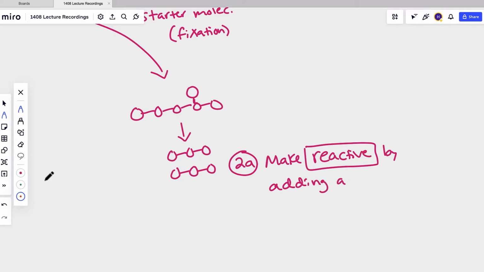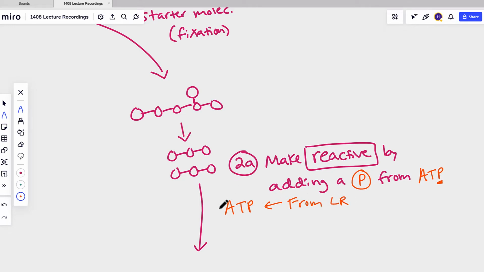I'm going to draw that in orange because that's my ATP color. And that's where the phosphate comes from, ATP. There's the P, 3 phosphates on an ATP. So let's show that happening. There's our ATP. And where did this come from? The light reactions. There's a video about the light reactions. If you haven't watched that, you can.